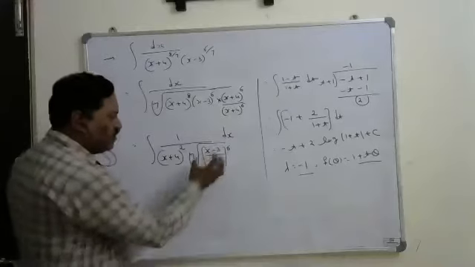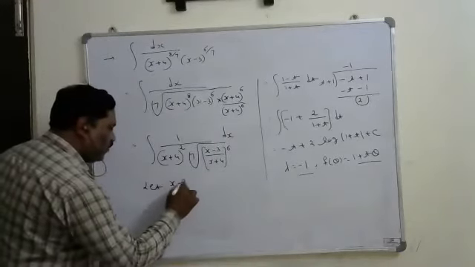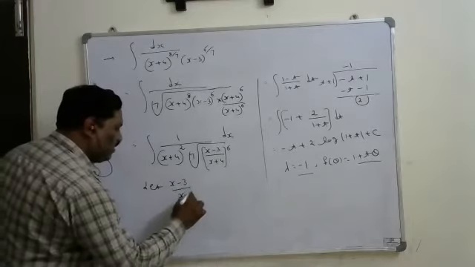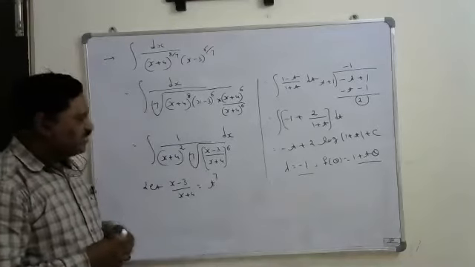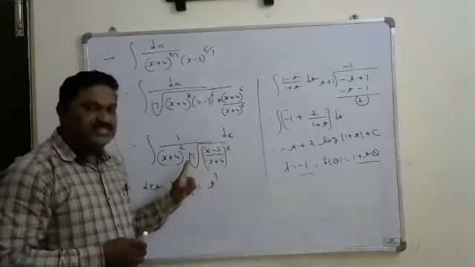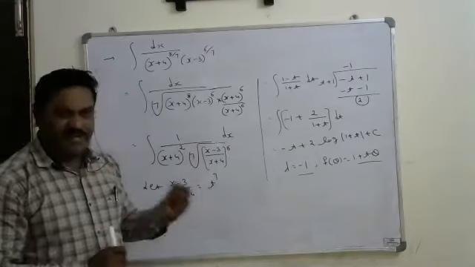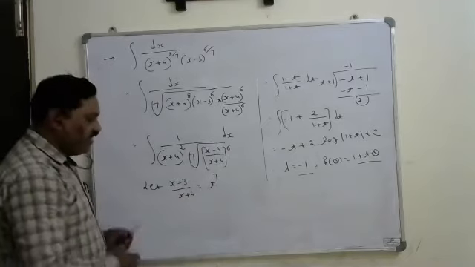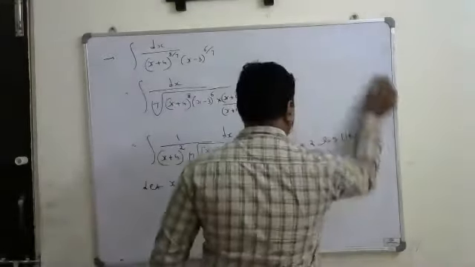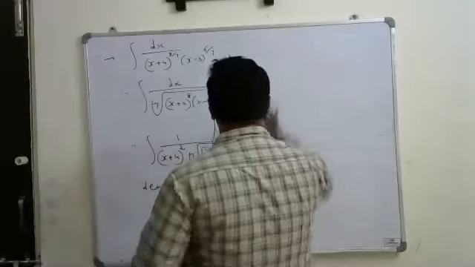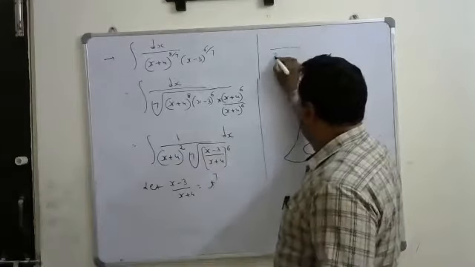Now, whatever term we are getting here, let (x minus 3) upon (x plus 4) be equal to t power 7. Why? Because there is a 7th root. To eliminate the 7th root, I will take it as t power 7. Now, if I differentiate it, we have to go for u by v, so v square in the denominator.